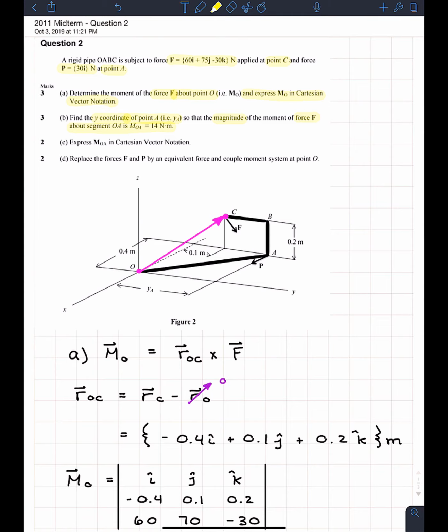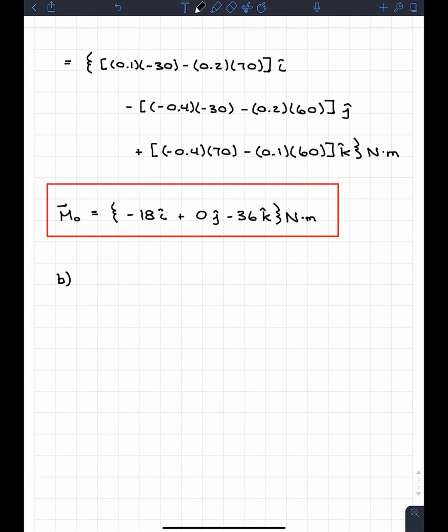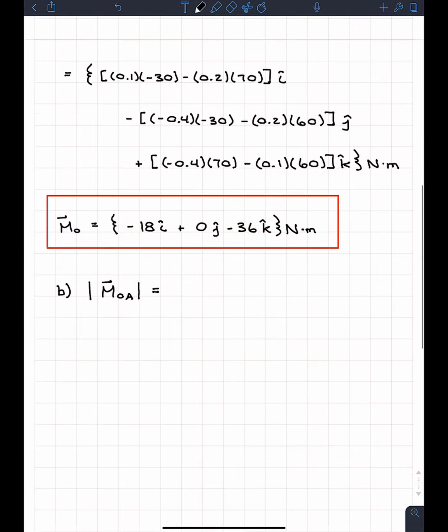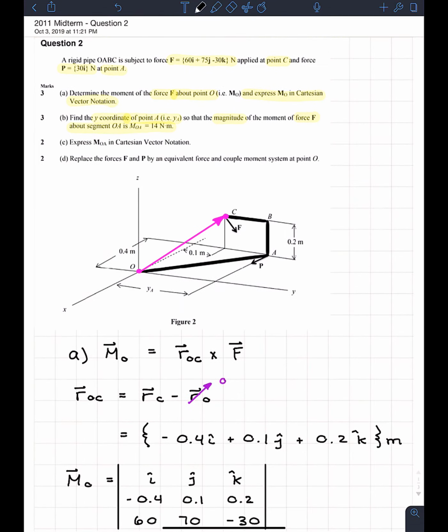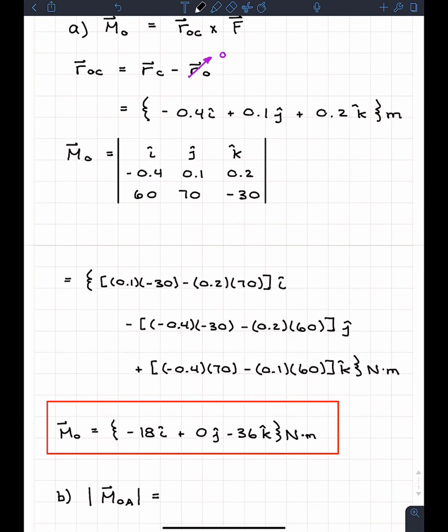So we know that MOA, the projection of a force on a line, which is going to be a magnitude, keep in mind, is what we want. We're going to want two vectors. One is the moment about any point on OA, and it's really nice because we already have the moment about point O. So we can use that.